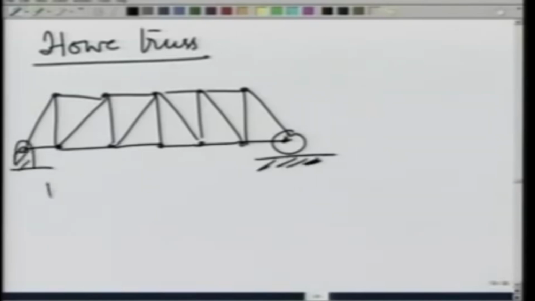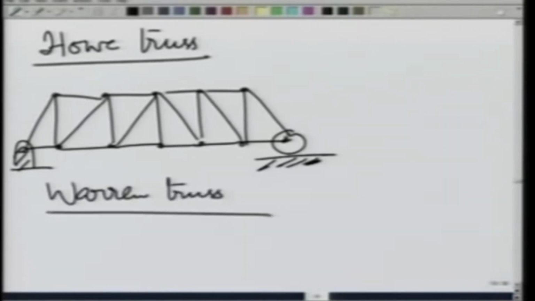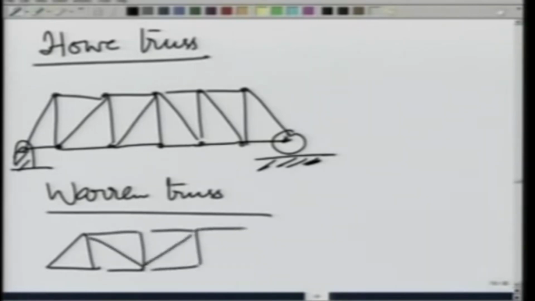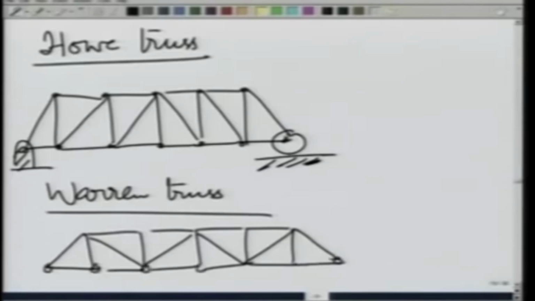Third one is a Warren truss, which is like this. So, these are different variations on the way the members and joints are fixed on a truss.